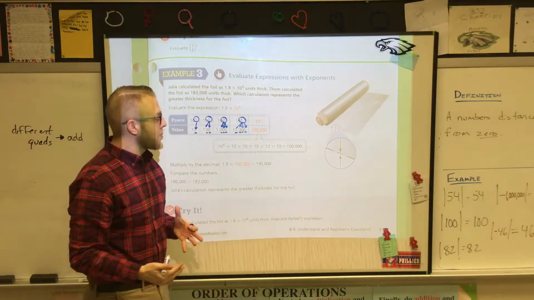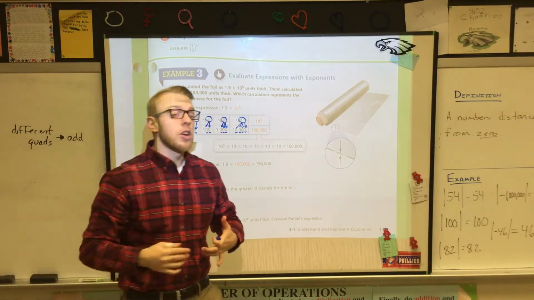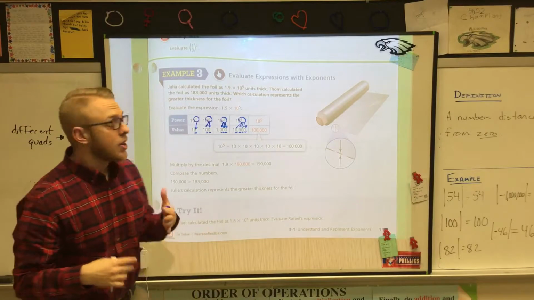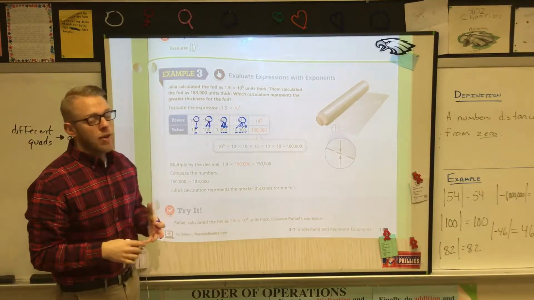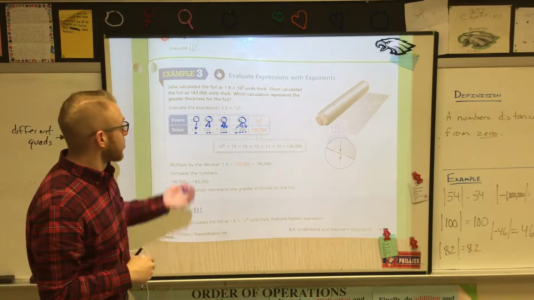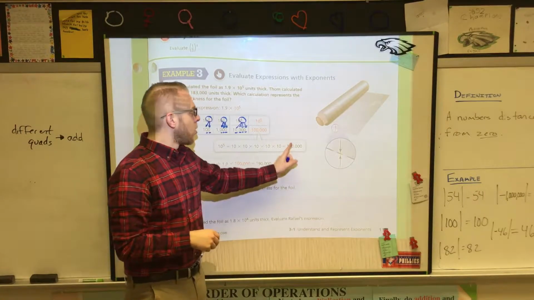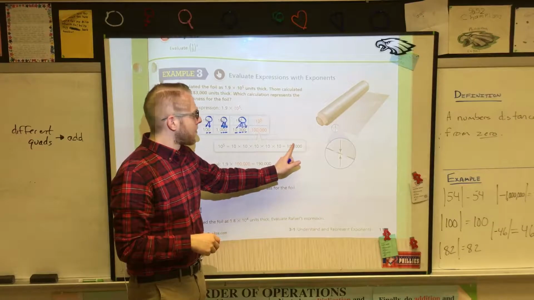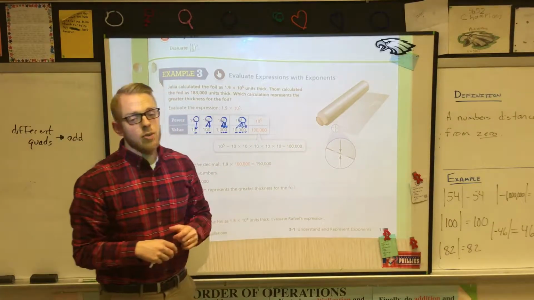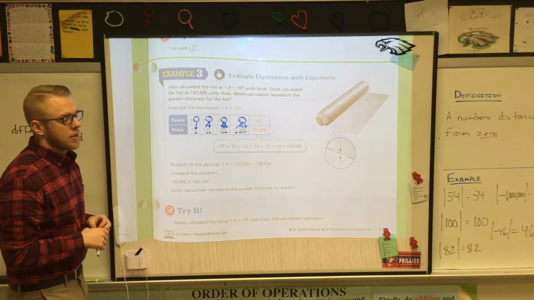So somewhere on your paper, you should have written, when we work with a base of 10, the number of zeros in my value match the exponent. So it's really easy to see that 10 to the 5th is 10 times 10 times 10 times 10 times 10 in expanded form, and its value in standard form is 100,000.